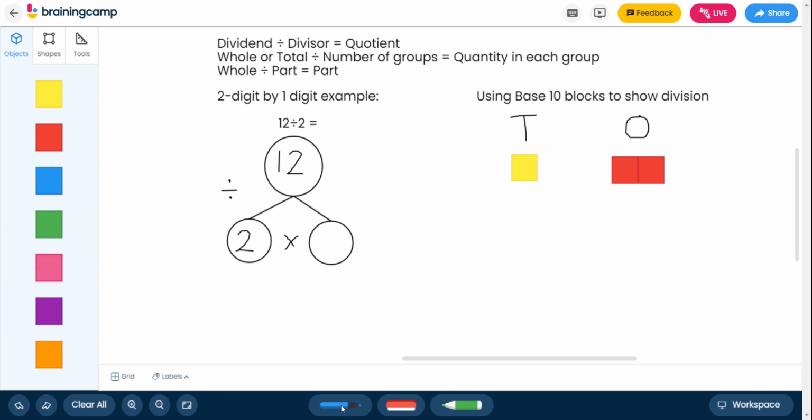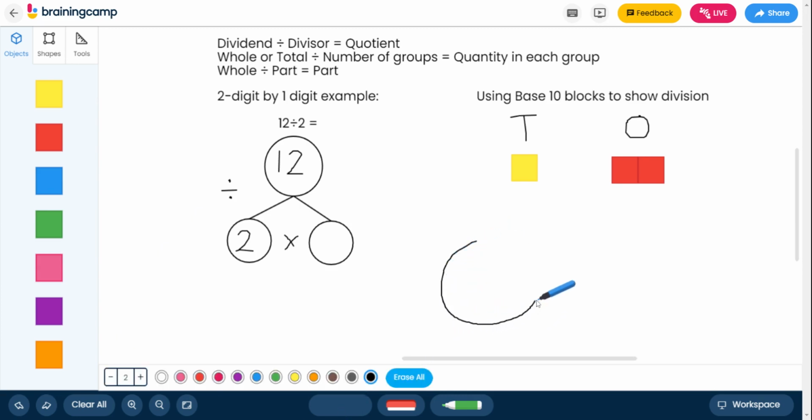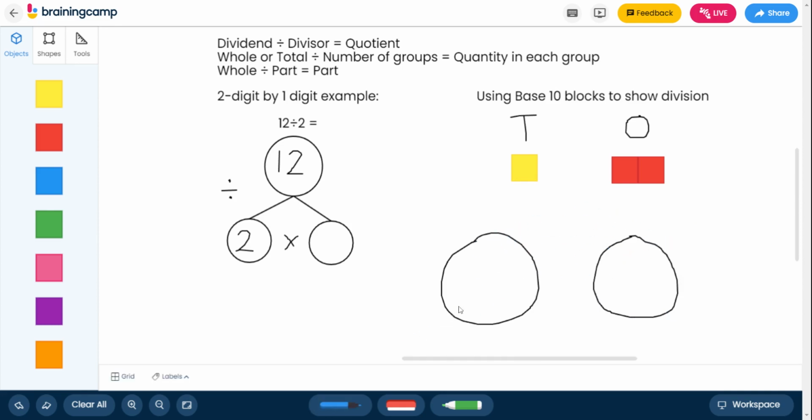Now I'm going to draw the number of groups that I have to split this into. My divisor is 2, therefore I have 2 groups, and in each group I must have an equal number. So when I look at my tens place digit, I only have 1 block here. And I cannot share this up into these 2 groups.